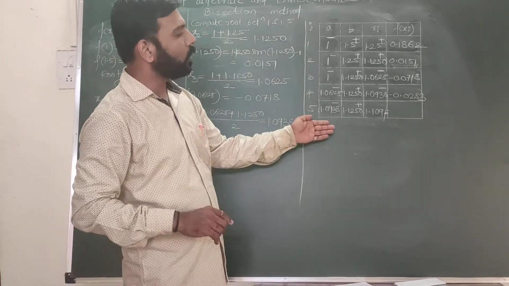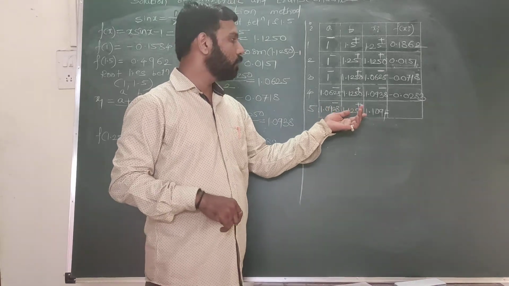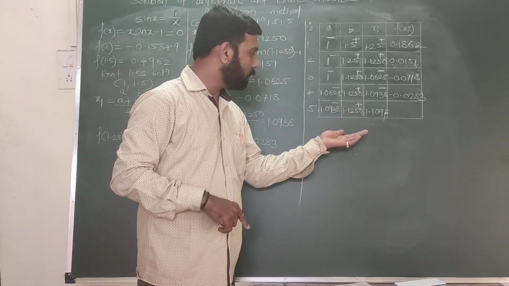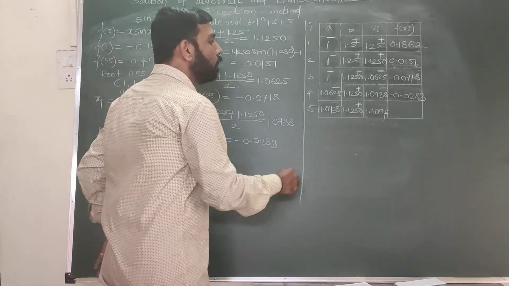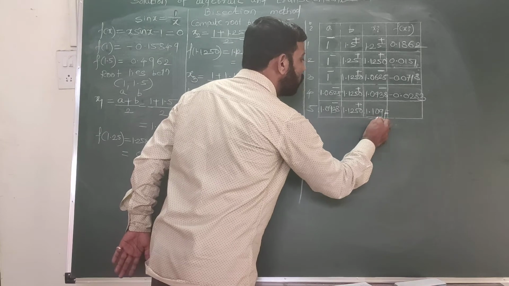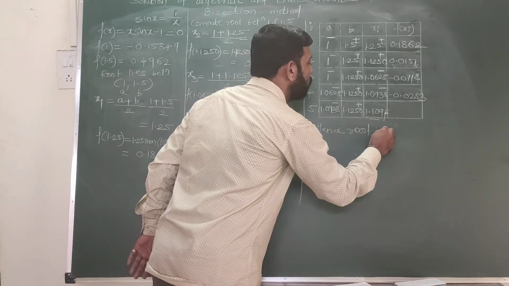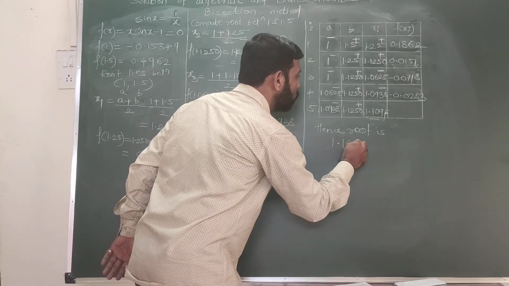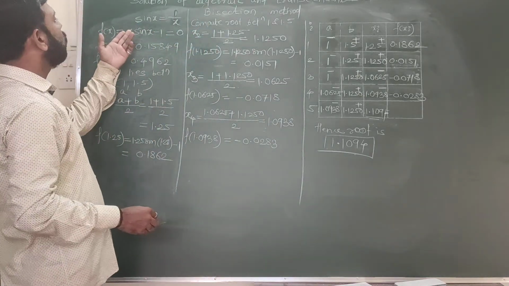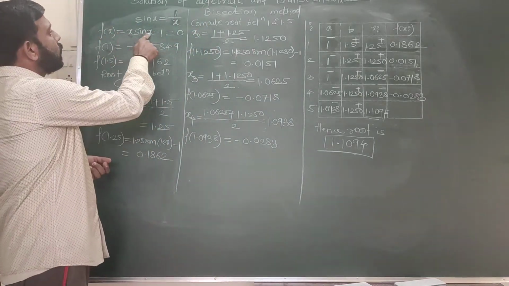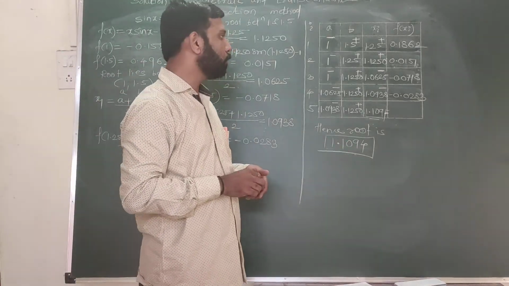Here we calculated 5 approximations. You can calculate x6, x7, x10, x20 and so on. The last value in this column is the root, 1.1094. So this is the root of the given equation x sin of x minus 1 equal to 0.